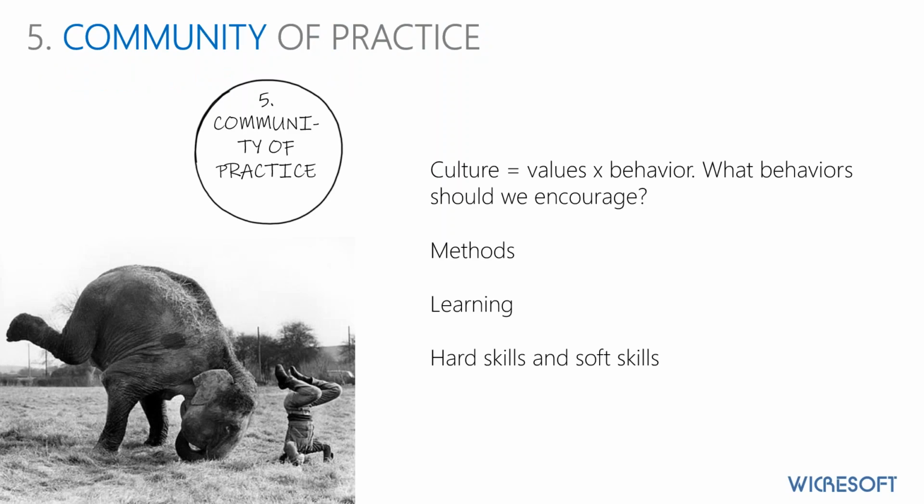Fifth and finally, community of practice. To me, culture at work is a mathematical equation which equals the values, the things we say, write down, that we claim to believe in, multiplied by behavior, what people actually do when nobody's looking. And let's go back to project organization.